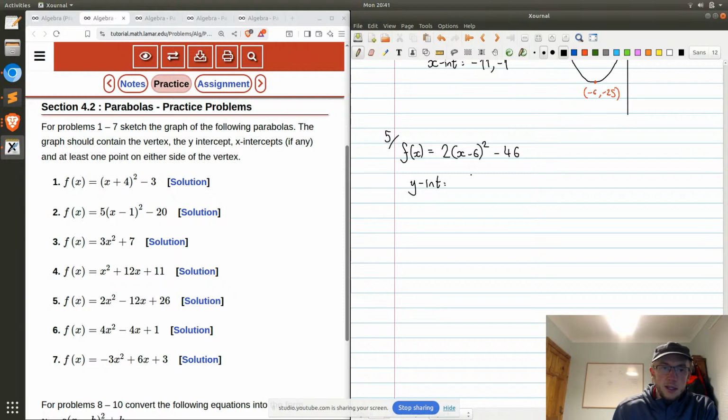Now the y-intercept should be 26. The x-intercepts, we don't know if it has any right now, but let's see. Visualizing it being set to 0, move the 46 over, divide by 2 to get 23, plus or minus root 23, so 6 plus or minus root 23, or so it seems.